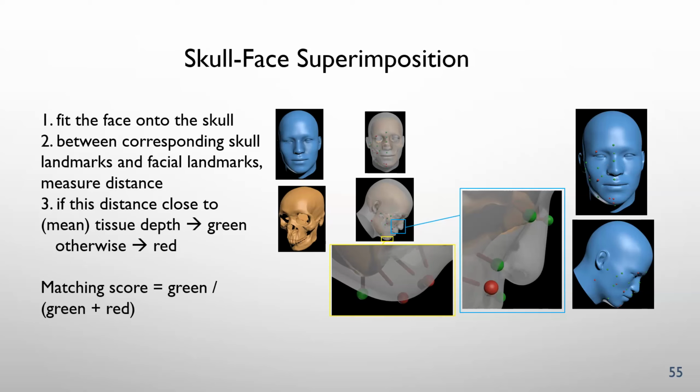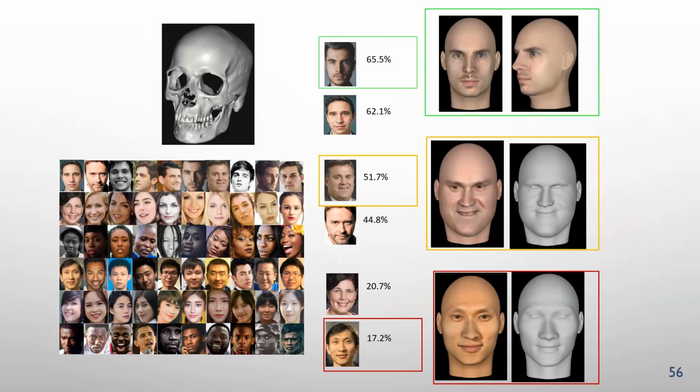Eventually, we calculate the matching score using the ratio between the red and green points. Now with this scheme, we will be able to calculate the similarity score between the query skull and all the 3D faces we reconstructed. Okay, so we can tell which 3D face might be a good candidate for this query skull.